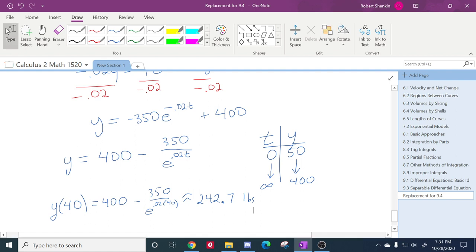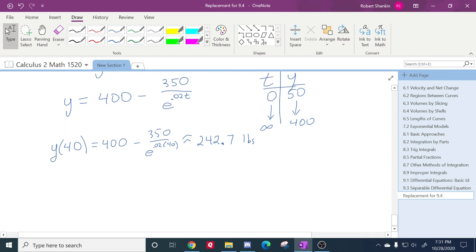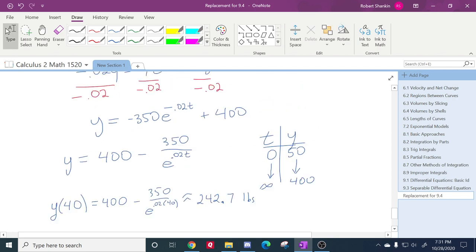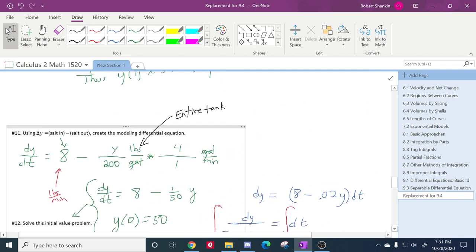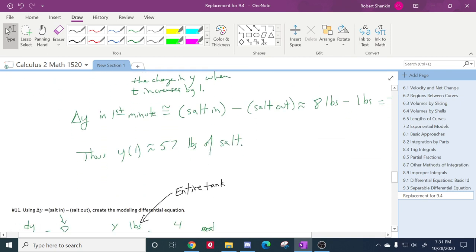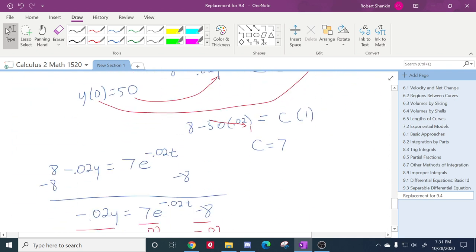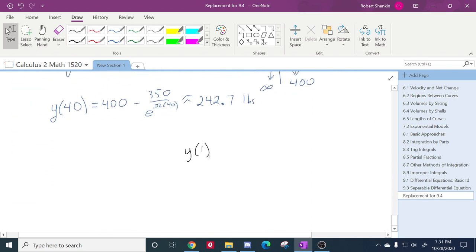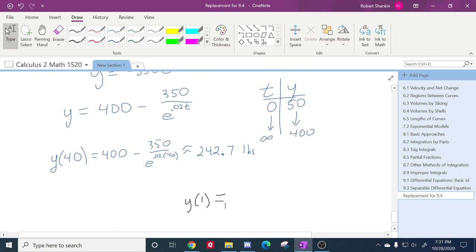And by the way, just for curiosity's sake, I might say y sub 1. Because remember, we had approximated y sub 1. We estimated y sub 1, and we said it was about 57. Well, let's come back down and plug in 1 into this function here for y and find out how close we were.